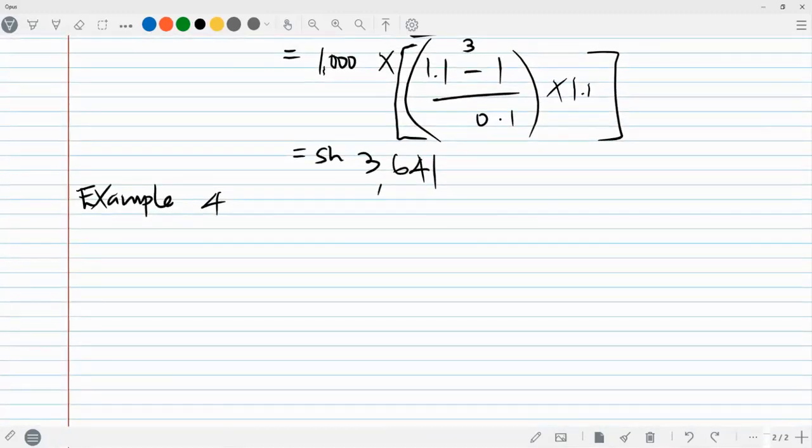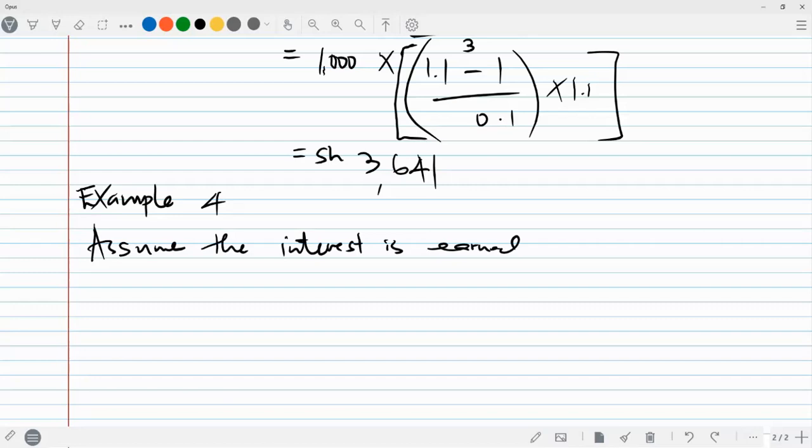So example 4. What if now the interest you are earning is occurring every 6 months? The 10% is per annum, but you earn interest every 6 months. Assume the interest is earned half yearly.